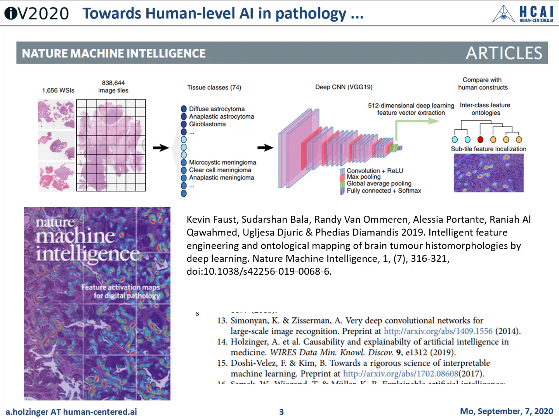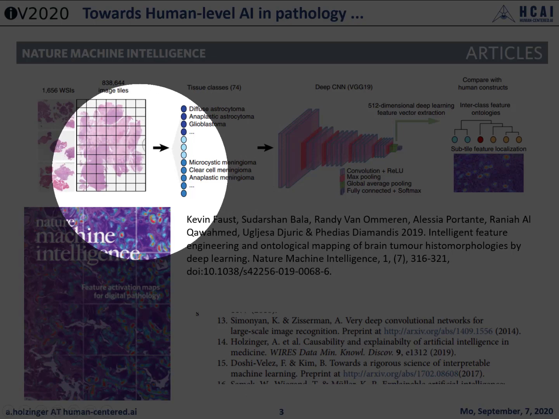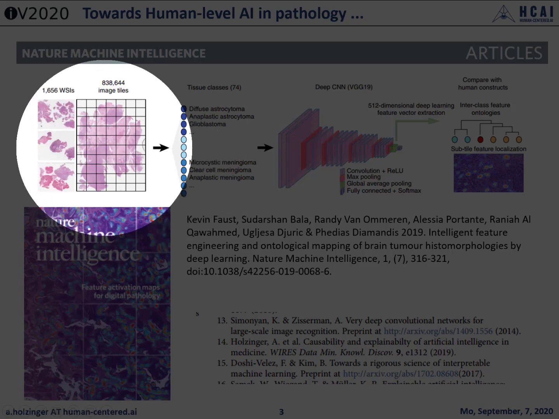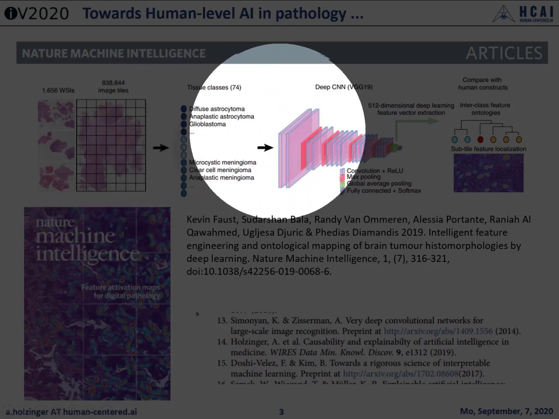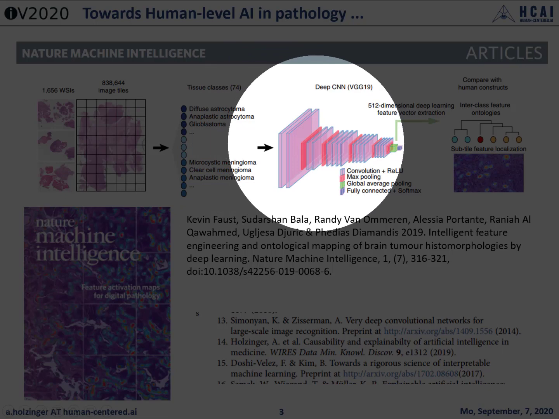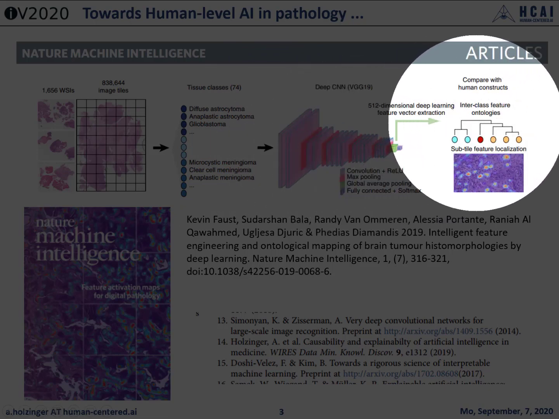Here, a very recent work from the Princess Margaret Cancer Center in Toronto on histopathology. They applied CNN to a repository of 840,000 histopathological image tiles and learned representations into a 512-dimensional feature vector.